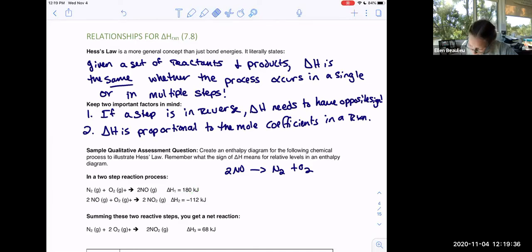So let's make a change. What if I change the coefficients to those? What is the relationship of delta H1 to delta H question mark?